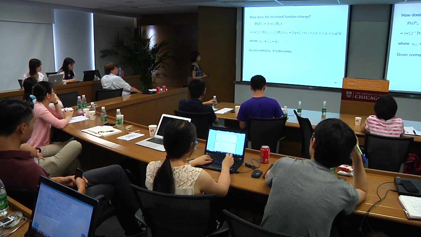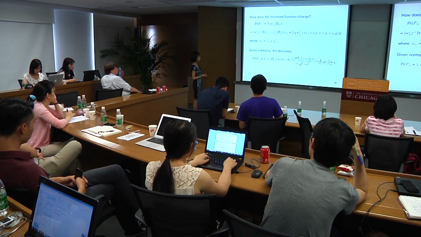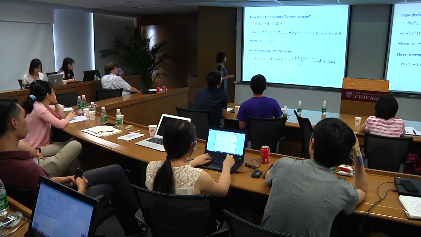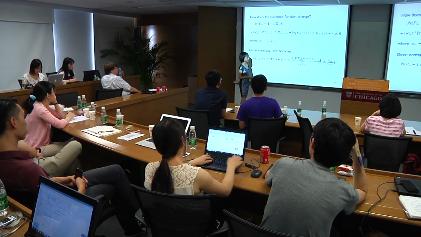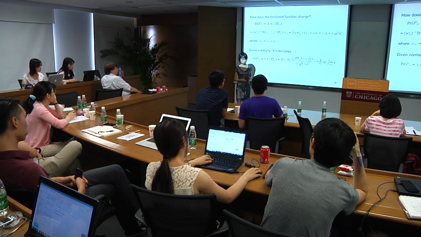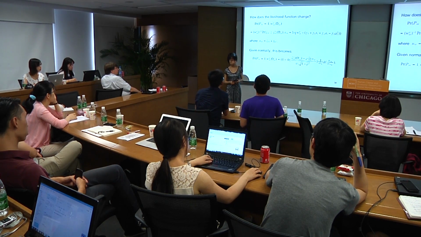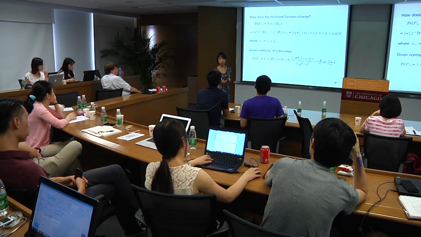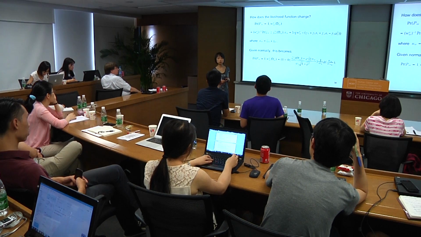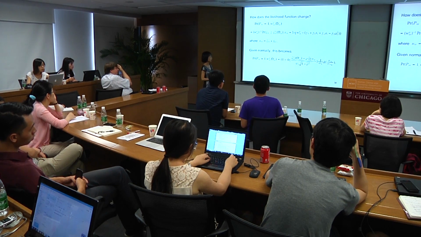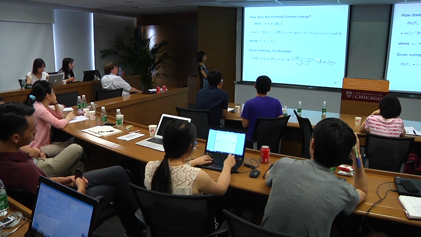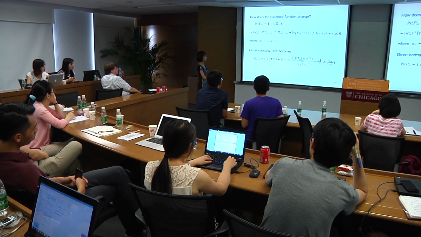And given normality, this becomes this. Well, I sent you a requirement to review the properties of two normally distributed variables and the sum of them, and you all did the homework, so you know how this comes. So this is just purely algebra, and you get this form here.